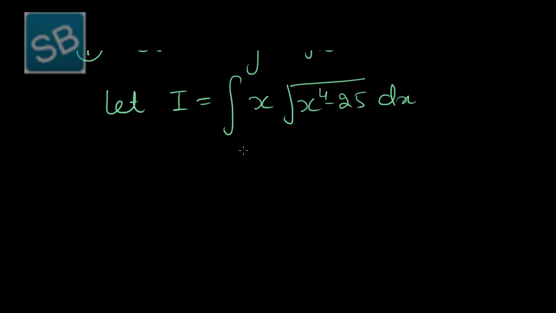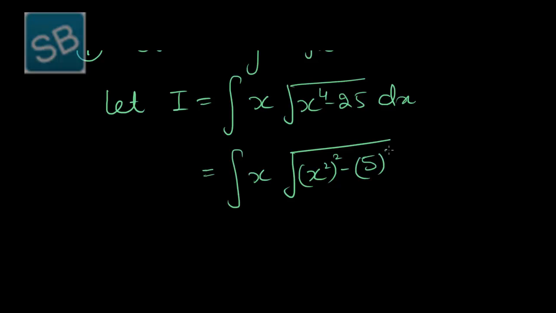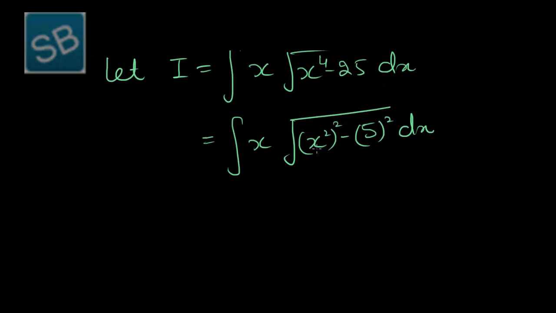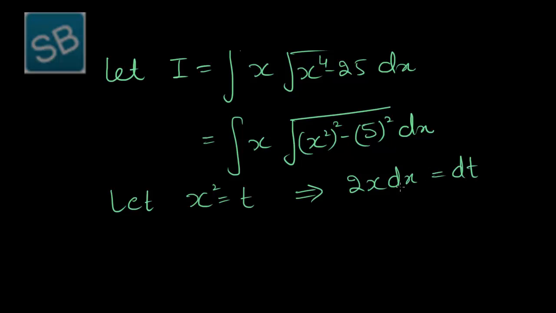So if we see, we can write it as under root x square whole square minus 5 square. And if it is x square, then 2x dx is the derivative. So, to make the integral easy, let x square be equal to t. After taking the derivative, 2x dx is equal to dt.